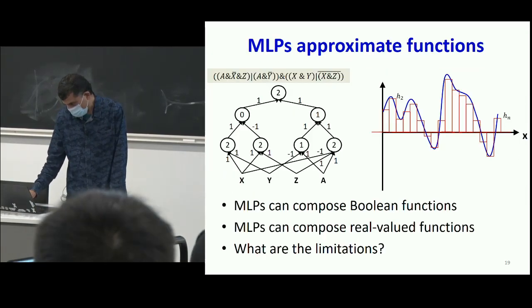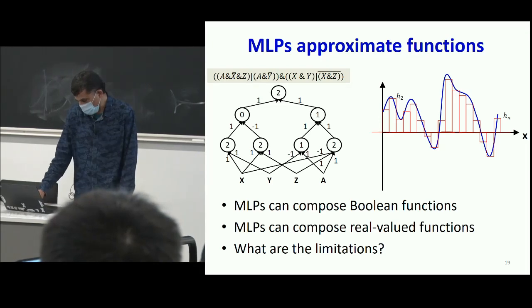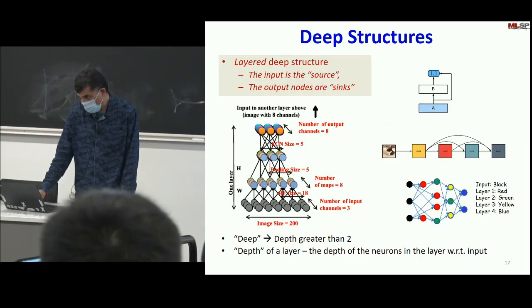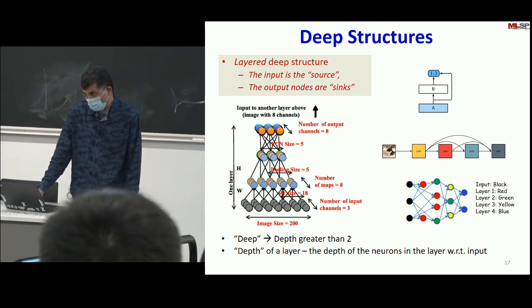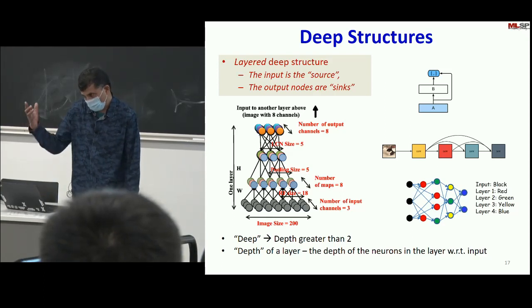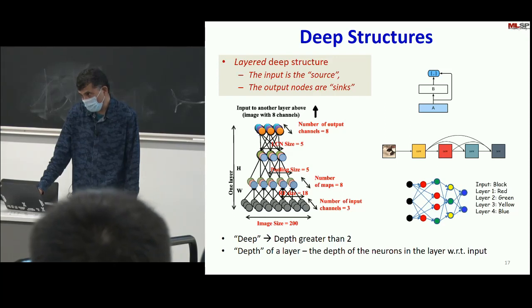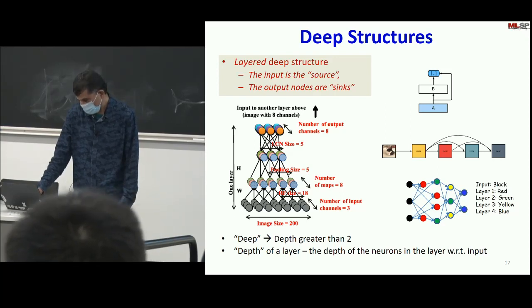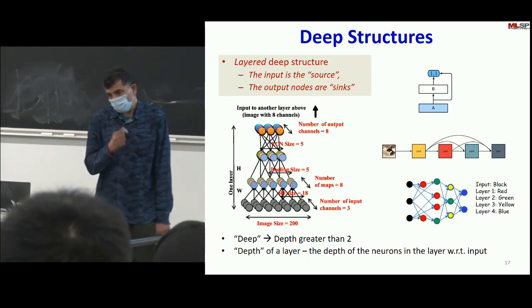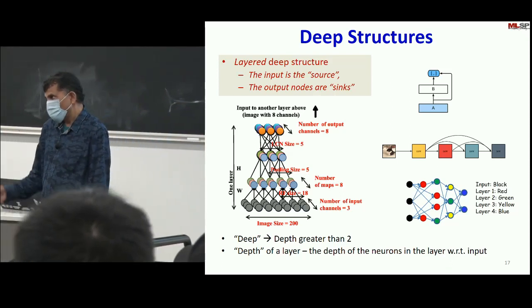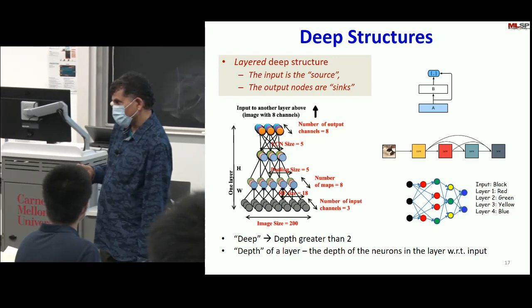Professor, I have a question about the previous slide. Which one? Is there any reason why there are multiple sources? Or is this just a partial graph in most cases? There are multiple sources over here. In a neural network, every input component can be thought of as a source, right? So if I were to give you an image, every pixel is going to go into one unit, one input.